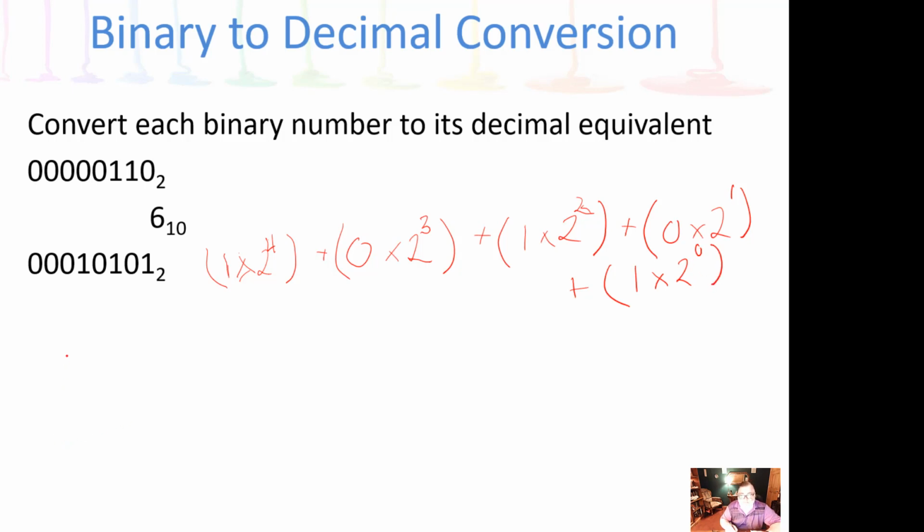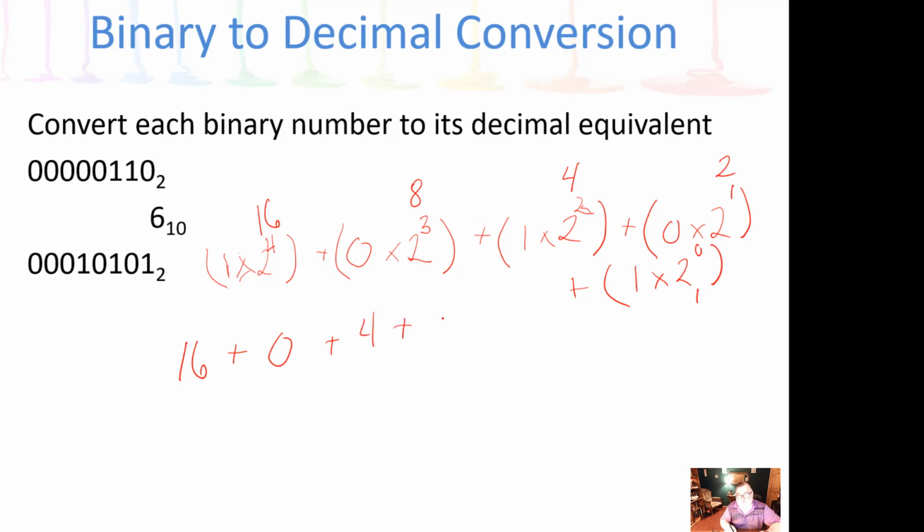So if I look at that, 1 times 2 to the 4th, it's 2, 4, 8, 16. So this is a 16. 2 cubed is 8. 2 squared is 4. 2 to the 1st is 2. And 2 to the 0 is 1. So 1 times 16 is 16. Plus 0 times 8 is 0. Plus 1 times 4 is 4.